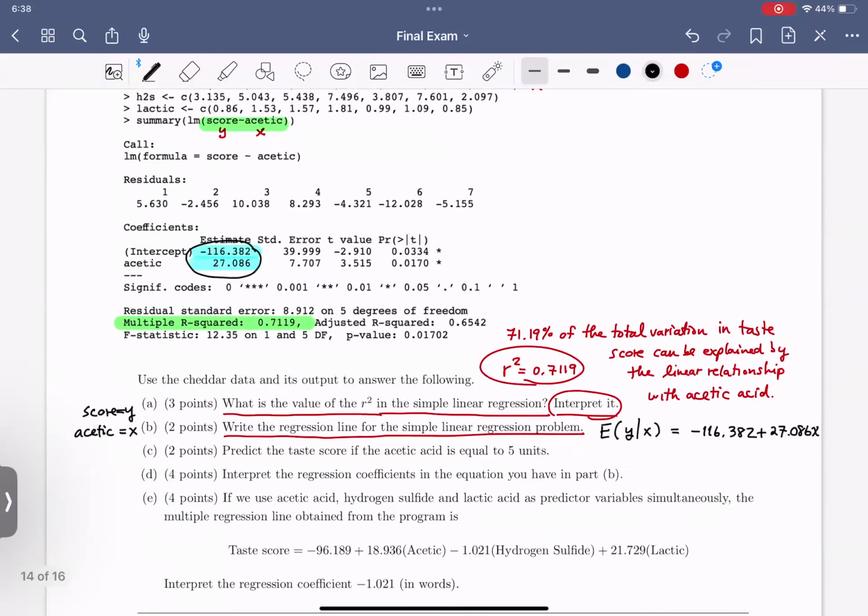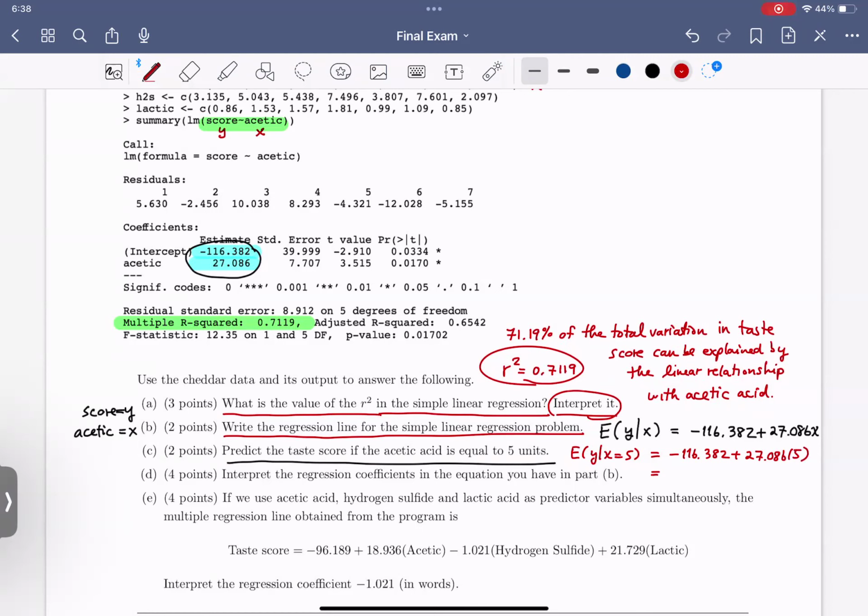All right, next one. Predict the test score if the acetic acid is equal to 5 units. That means you're going to find the expectation of Y when X equals 5. You plug in X equal to 5, and then you get the number. I'm going to hit the calculator really quick.